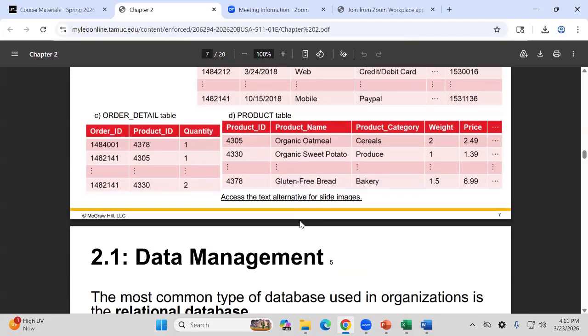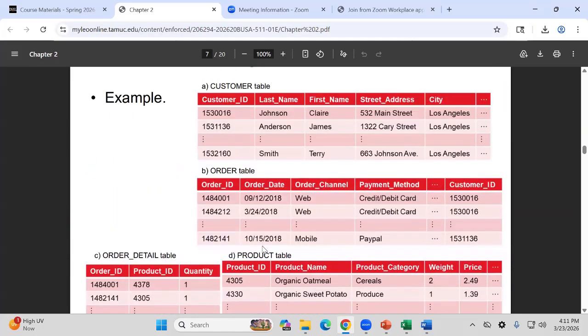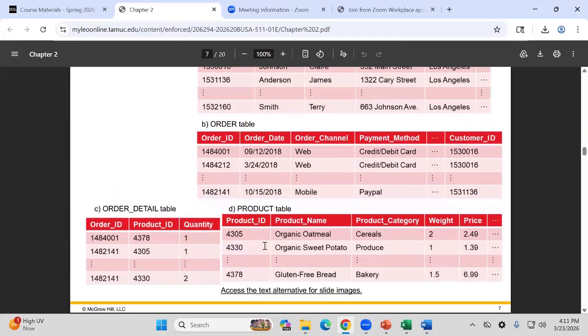As you can see, we can keep expanding the entity relationship design concept. For each product, we give an ID number, right? We record the product name, category, weight, and so on. Everything related to product will be recorded in the product table. Everything related to customers will be recorded in the customers table.